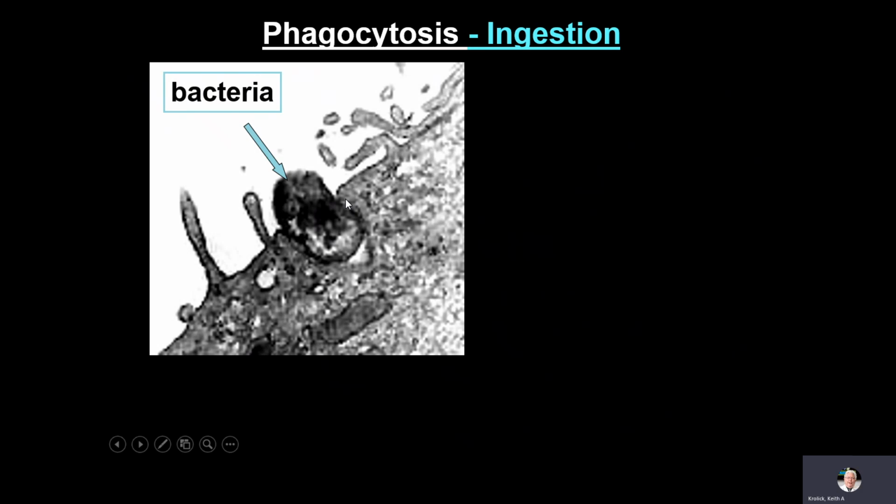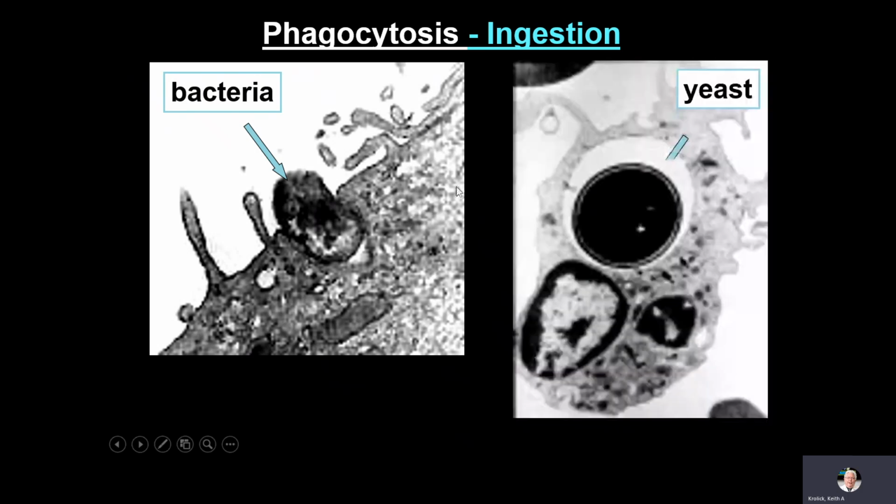And eventually the outer membrane will come all the way around the bacterial cell. And when the outer membrane of the phagocytic cell contacts itself, when both sides are coming up around on the other side, you'll end up with this bacterial cell in a vesicle, basically, that we call a phagosome.